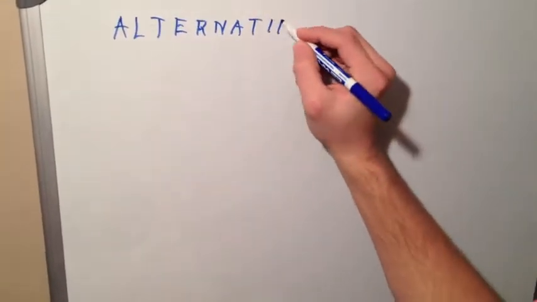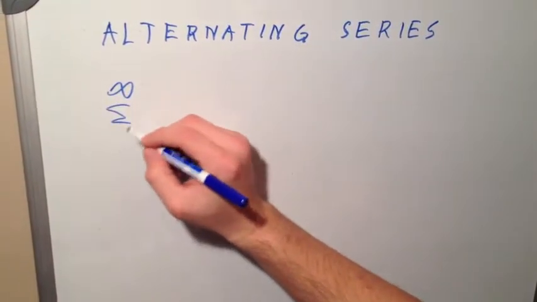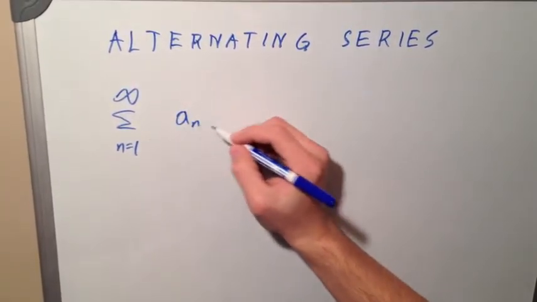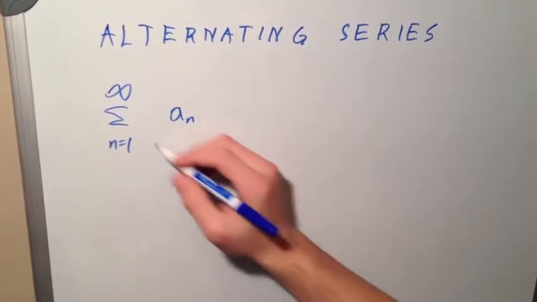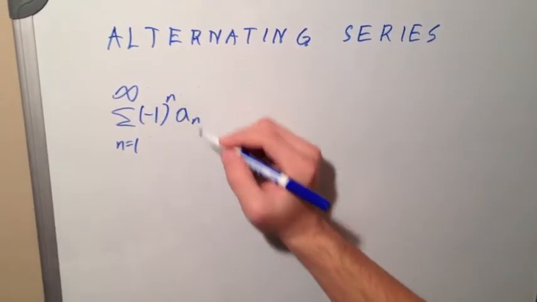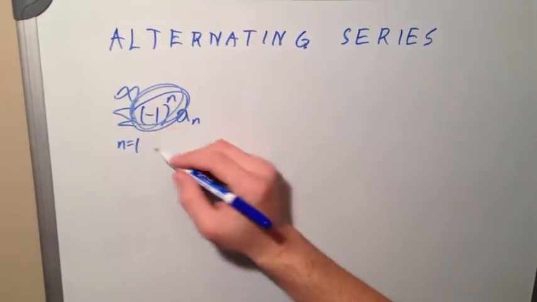So a general form of an alternating series is the summation of n equals 1 to infinity of some equation, we'll say a sub n, multiplied by a negative 1 to the n. And that's what makes an alternating series, because every other number will be positive, negative.